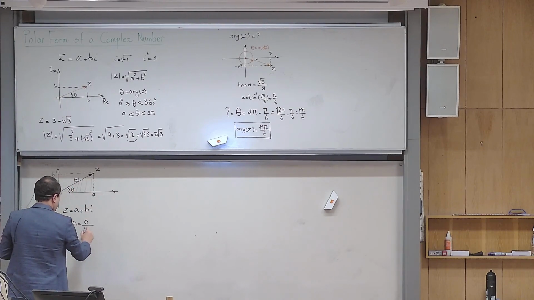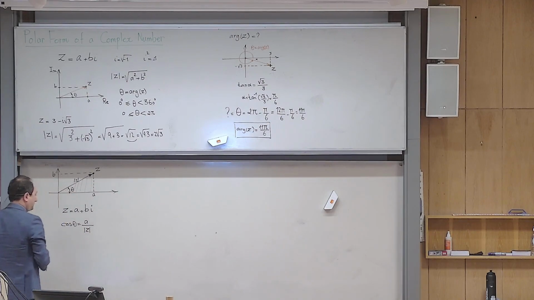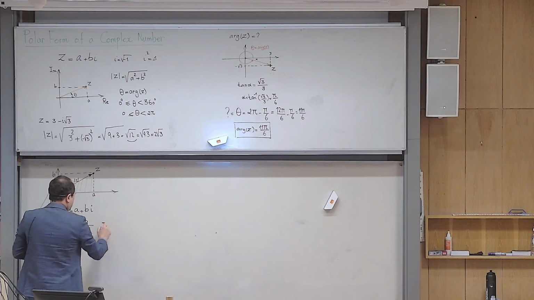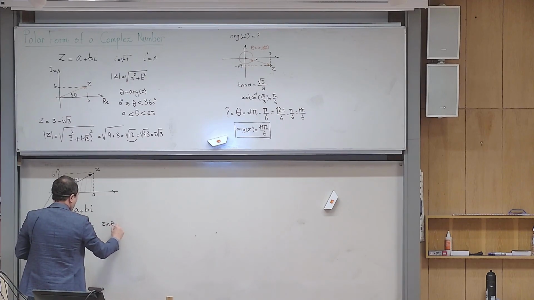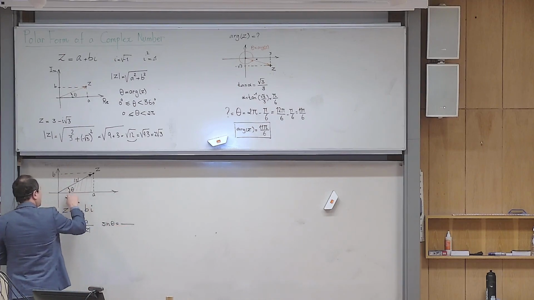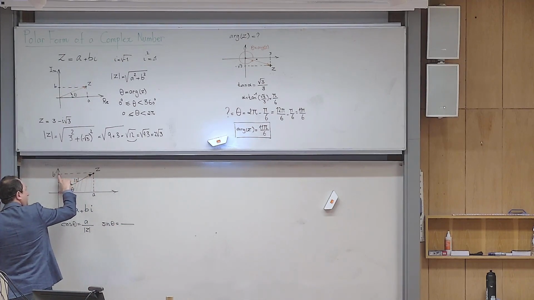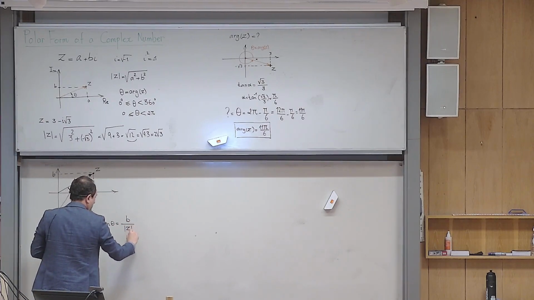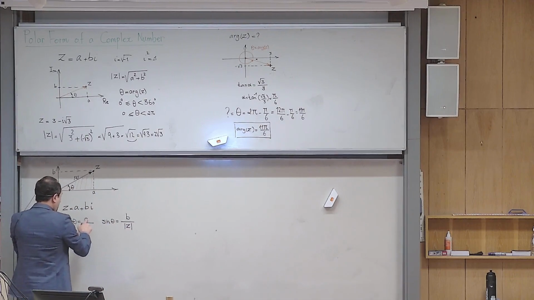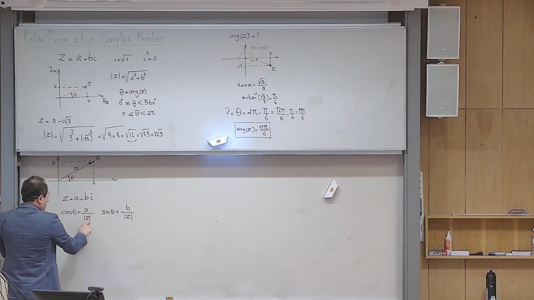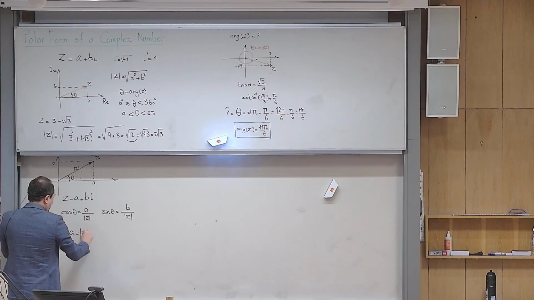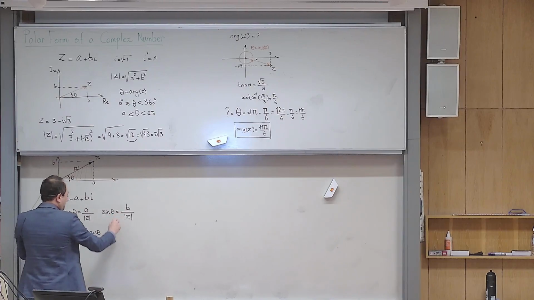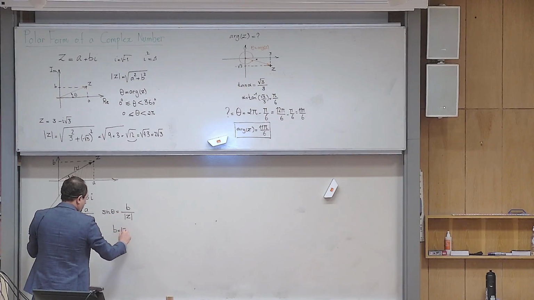So I divide it by the absolute value of the complex number. And if I ask you what is sine theta, you will tell me sine theta is the opposite side, which is B, divided by the hypotenuse, which is the same thing. But from here, if I multiply everything by absolute value of z, A becomes absolute value of z cosine theta. And from here, B becomes absolute value of z sine theta.